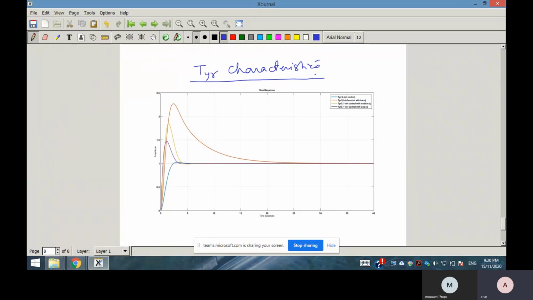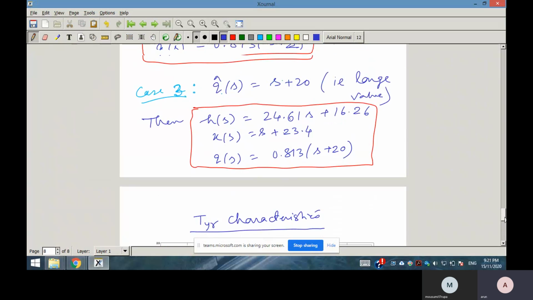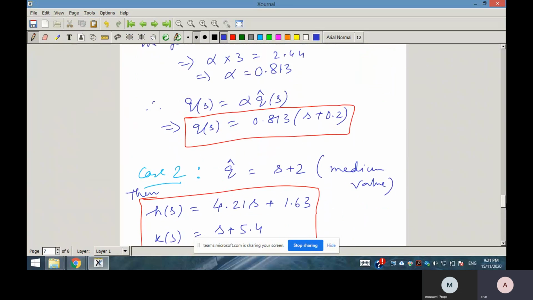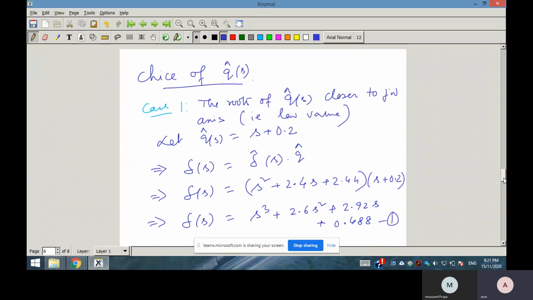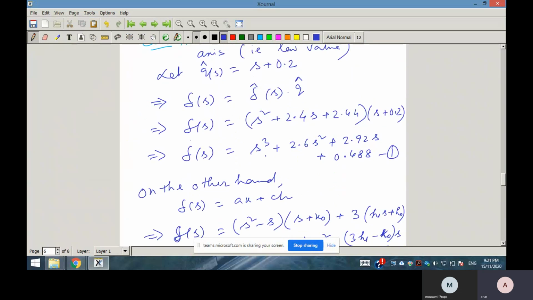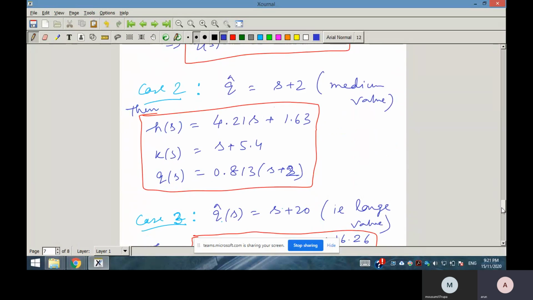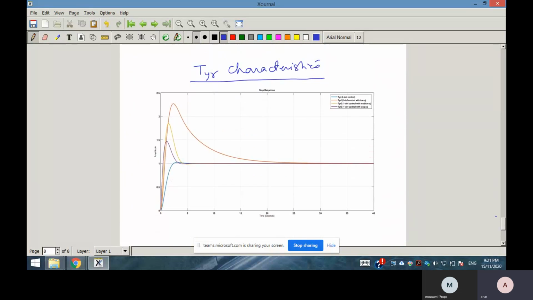So now you can see, this one is for 2 degree of freedom. It is a very nice response. Now if the same H and Q you use, that means if I choose the same closed loop pole polynomial and obtain the 1 degree of freedom input output response, then you will see these three.